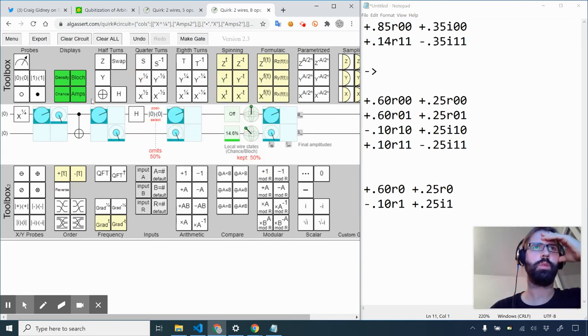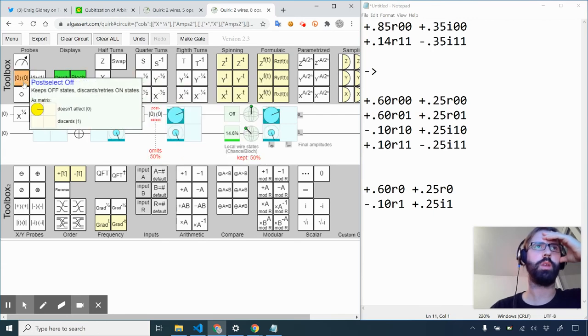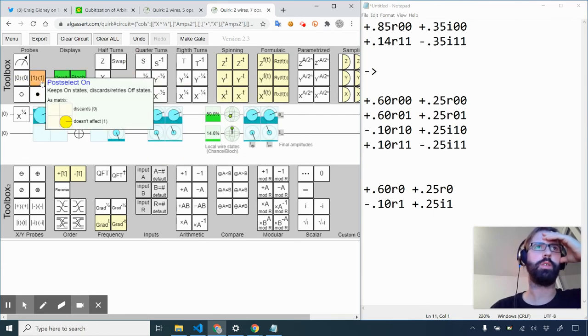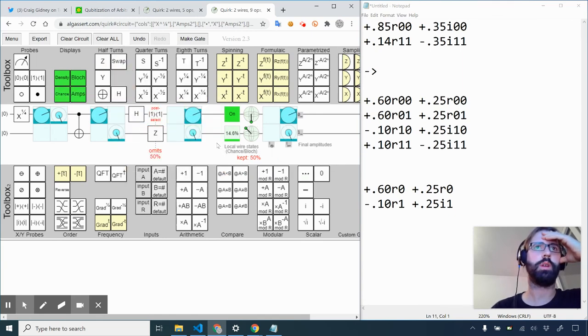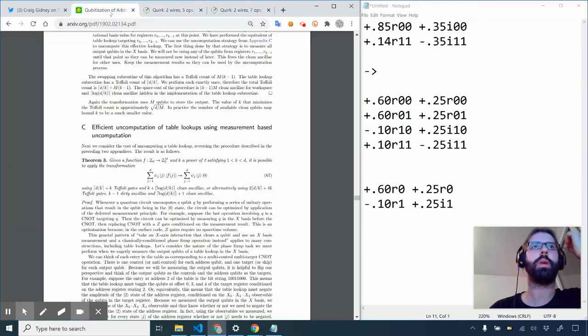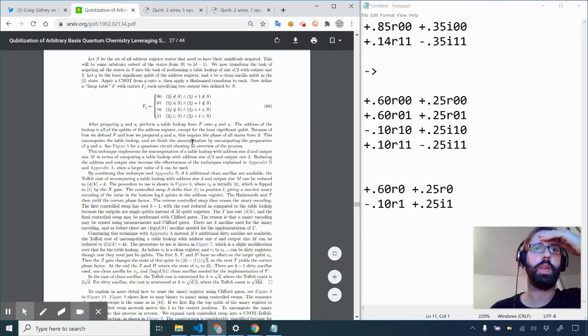Okay, that will not be the case. But that's what pulse selection is doing, right? There you go, you have the state in here. So we're pulse selecting for one, and then the measurement is uncomputing. Is it? Okay, but still, I think I'm jumping one step ahead of the game here.